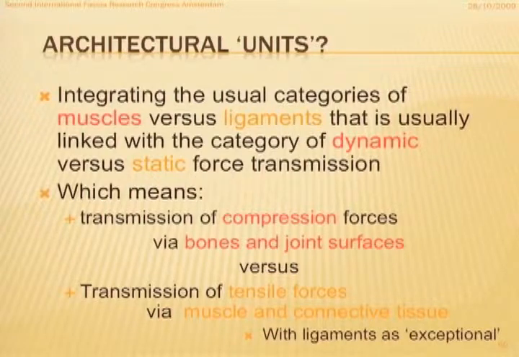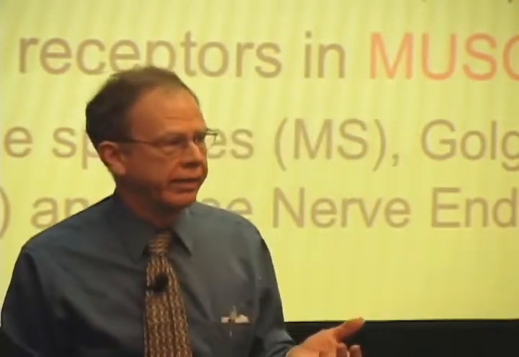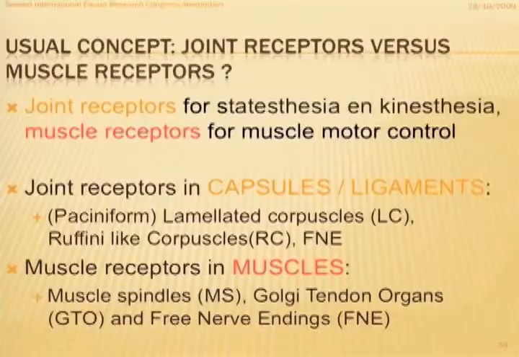So the usual category here is you're changing the concept of a static ligament to a dynamic transmission of forces, which means that compressive forces and the tensile forces really are in relation to the tissues around them. Having changed our concept of the architecture, let's look a little more at the nerve receptors.